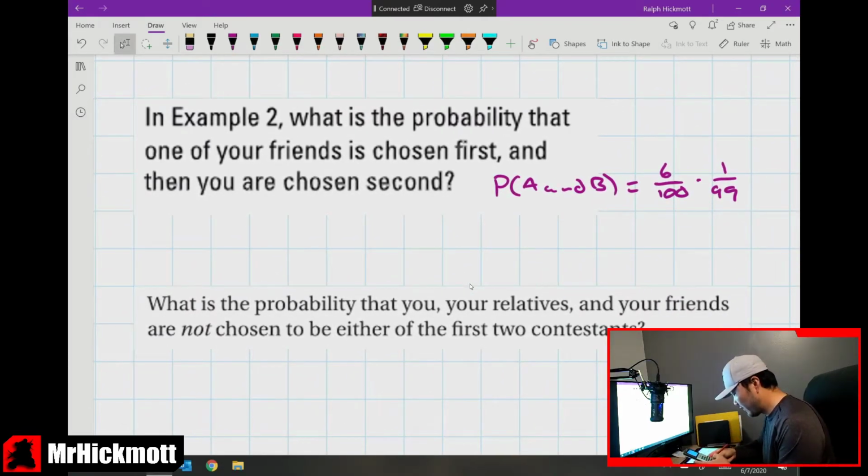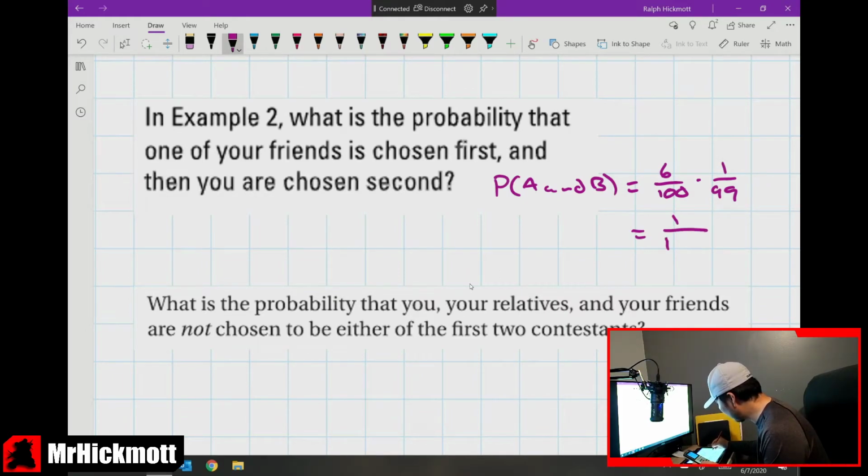Okay, so finishing that off, the probability of something like this happening is much less than the previous one, and you can see that it's 1 out of 1,650. So that would be a very rare chance out of an audience of 100 that something like that would happen.